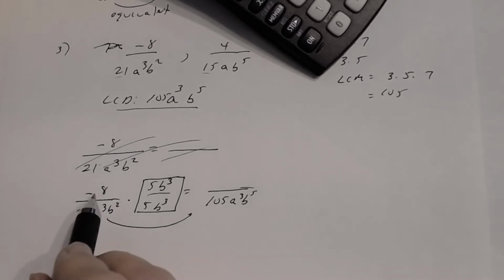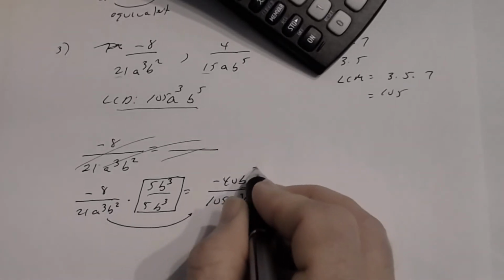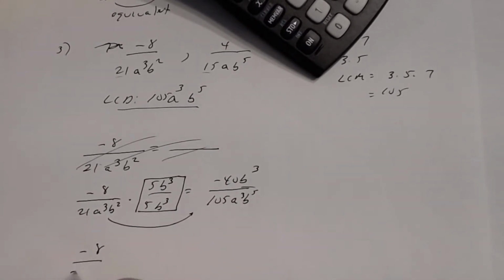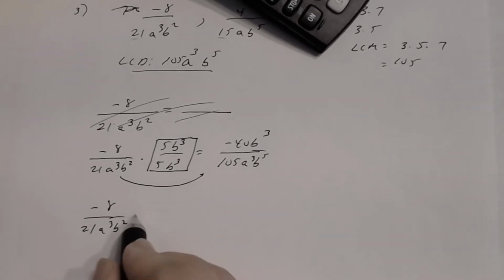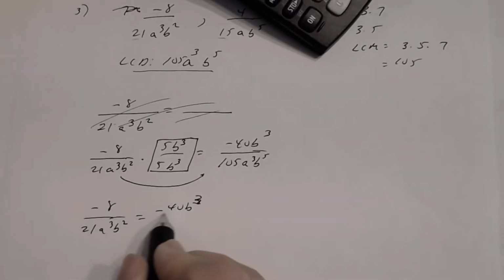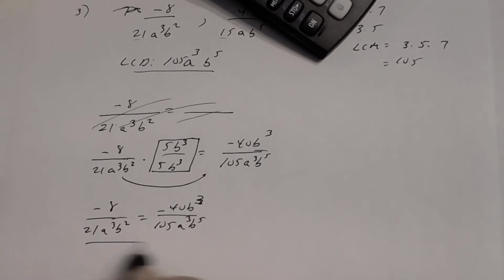And so therefore, negative 8 times 5b cubed is negative 40b cubed. And so there's your answer. So negative 8 divided by 21, a cubed b squared is equivalent to this, negative 40 b cubed divided by 105, a cubed b to the 5th.